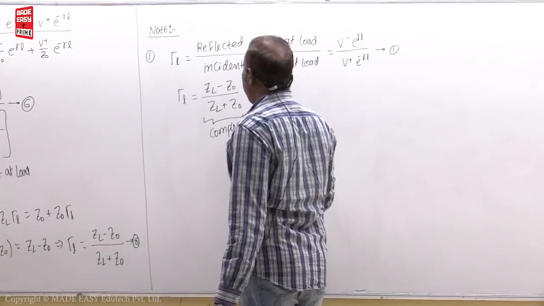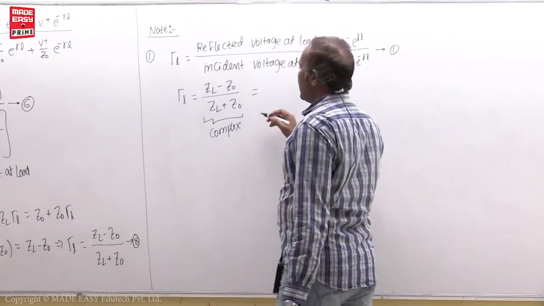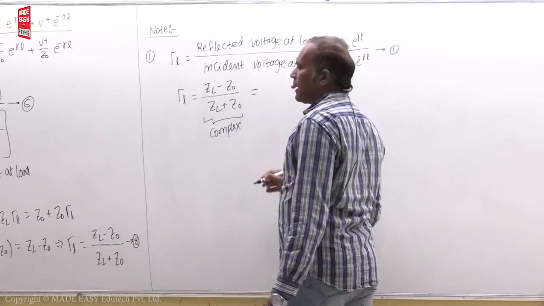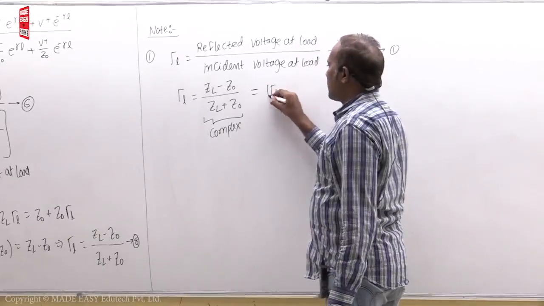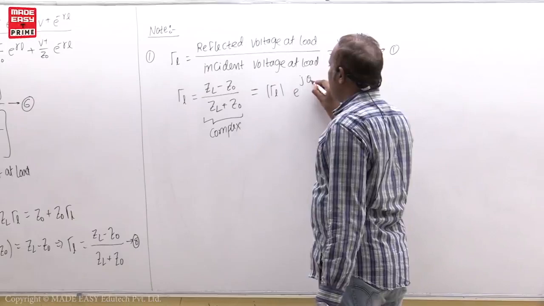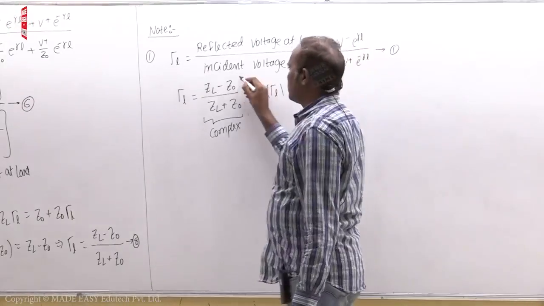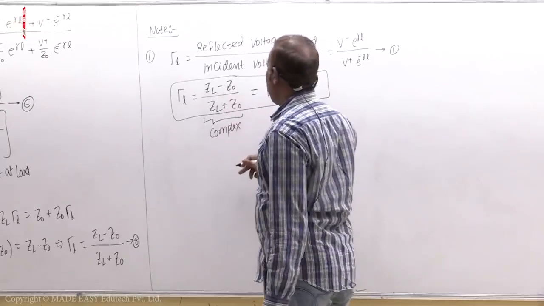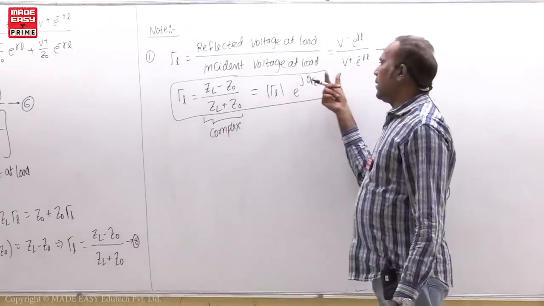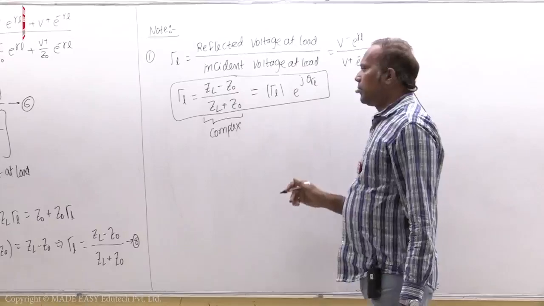Every complex number has a real part and imaginary part, so that has magnitude and angle: modulus of gamma L, e power j theta gamma L. Complex number has magnitude and angle. This also you have to remember.